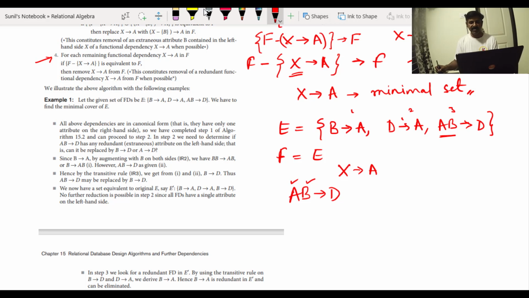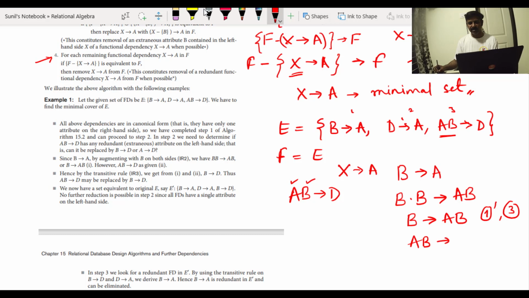To implement this, take the first functional dependency B arrow A. If you add B on both sides, we get B into B as AB. B into B is B itself, so then you have AB. This is the new functional dependency derived from 1, so let's call it 1 dash. Now if you observe 1 dash and 3, AB arrow D.